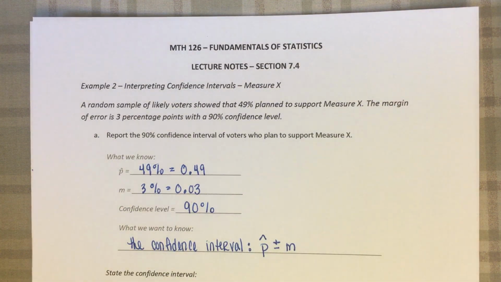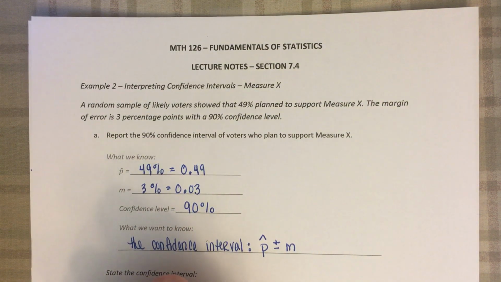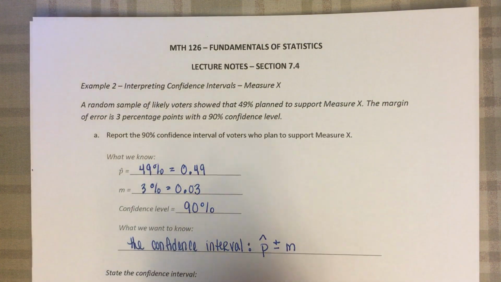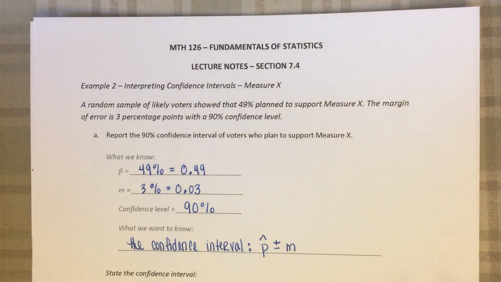All right, so we're going to start by stating our confidence interval. So p-hat plus or minus m is going to be 0.49 plus or minus our 0.03. So we're going to have 0.49 minus 0.03. We usually do the subtraction first, just because that way we have the lower number as the first part.